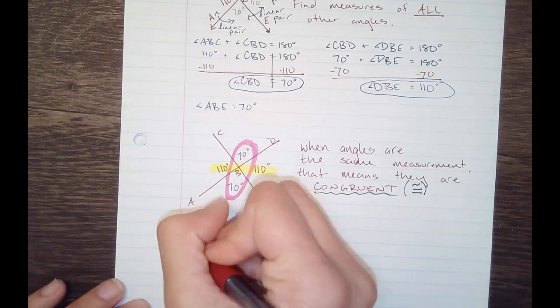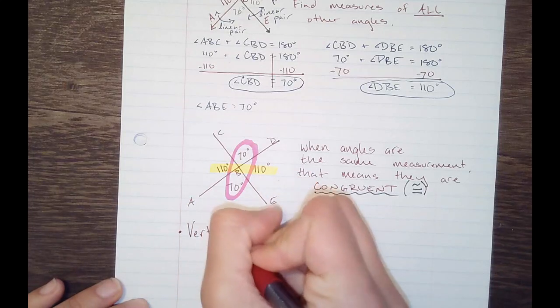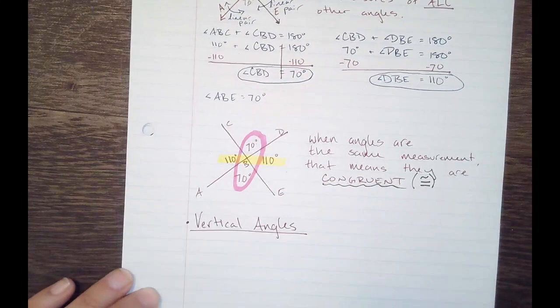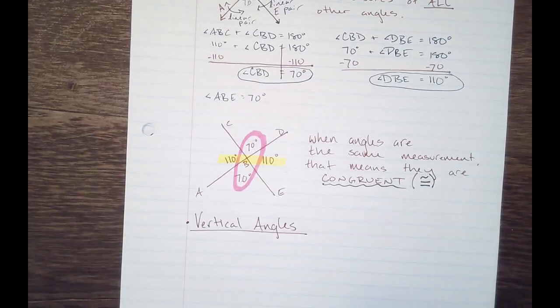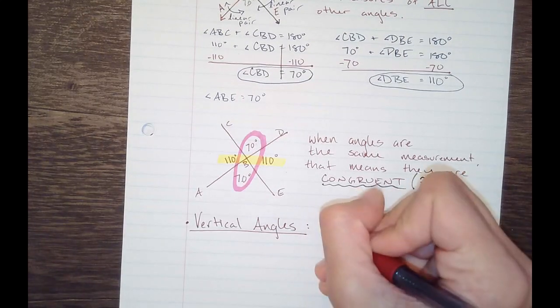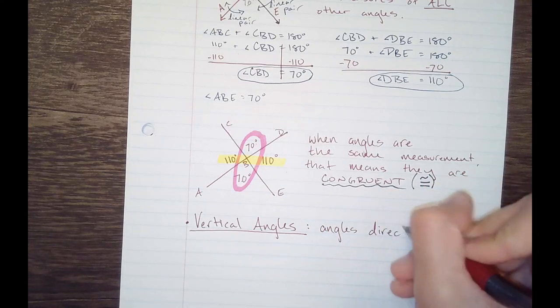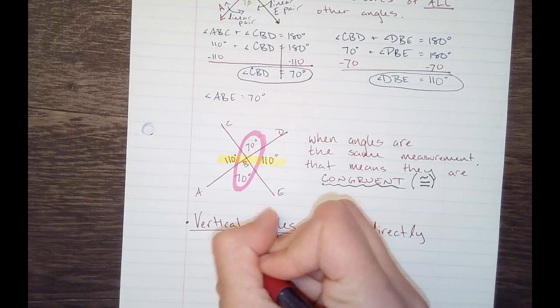So in this picture we have ABC and then DBE. They are vertical because they are directly across.